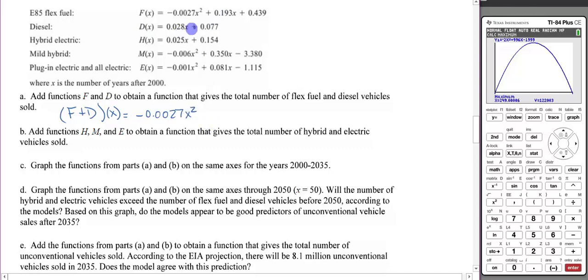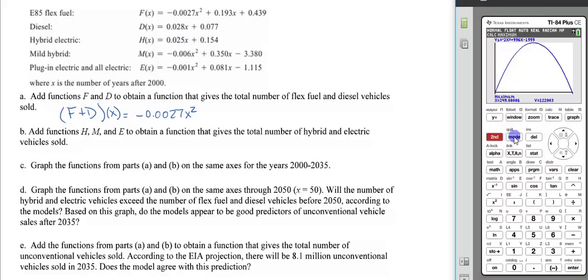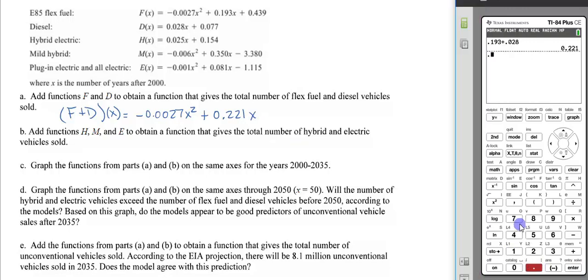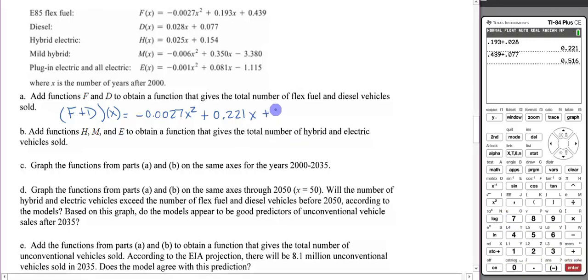I have these two x values, I can add 0.193 plus 0.028. That gives me a plus 0.221x, and my 0.439 plus 0.077 gives me plus 0.516 after I add my constants.